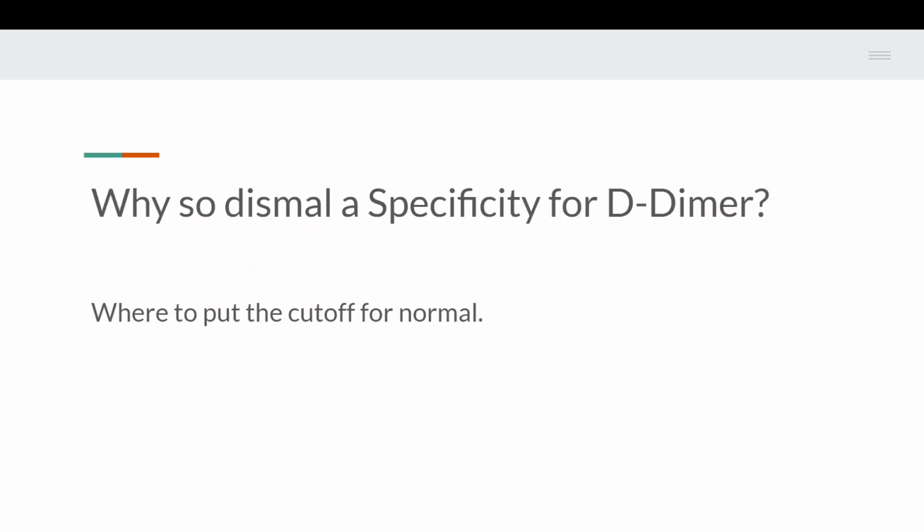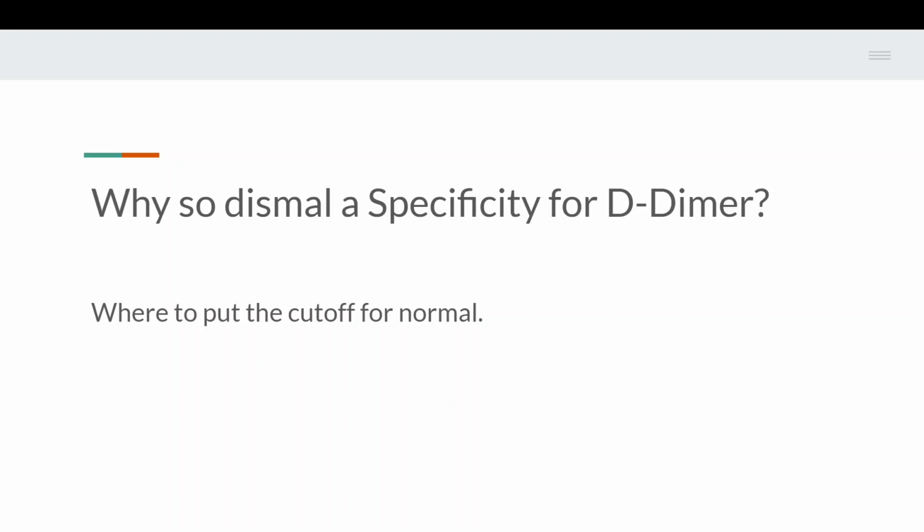So why is the specificity so dismal for the D-dimer? And this comes down to a question of where do you put the normal cutoff? There had to be a decision made as to how high the level of D-dimers has to be in order for it to be termed positive.